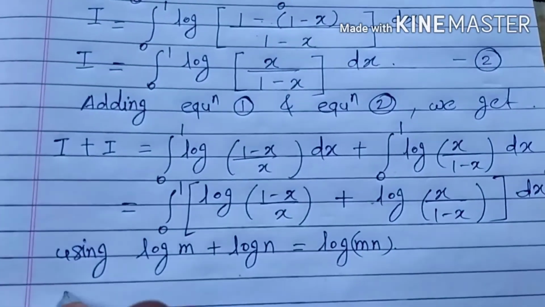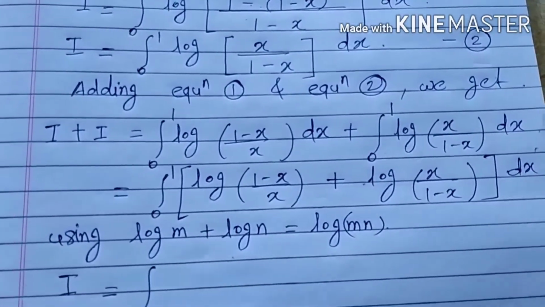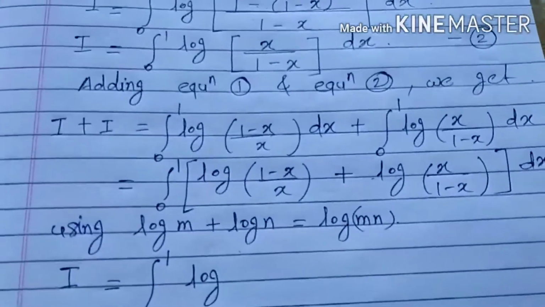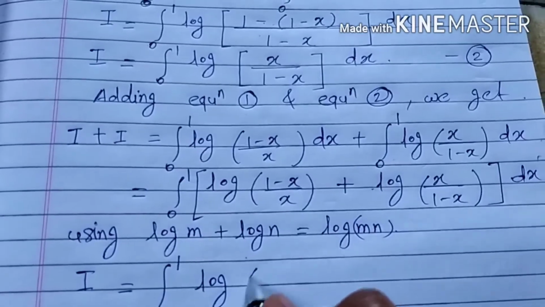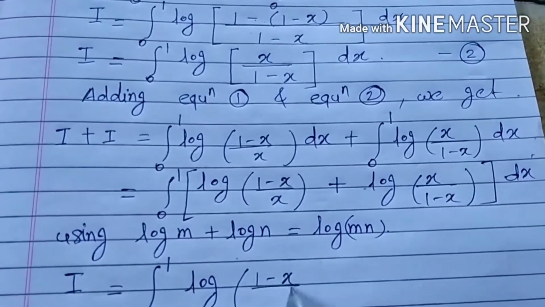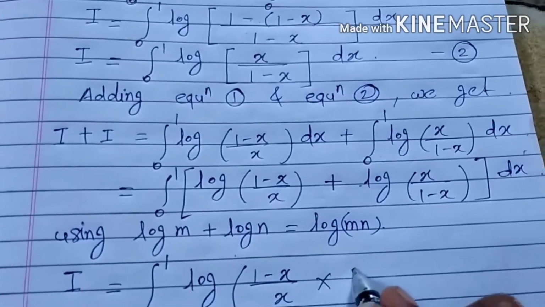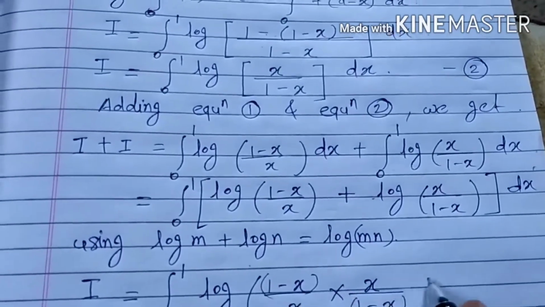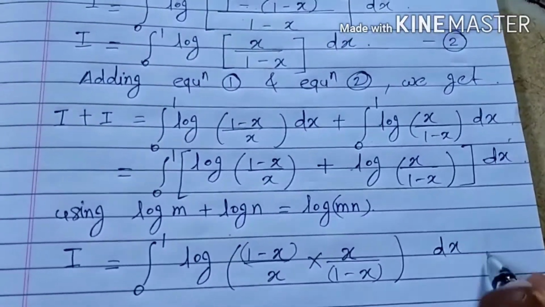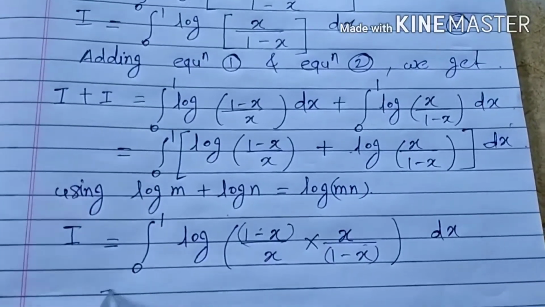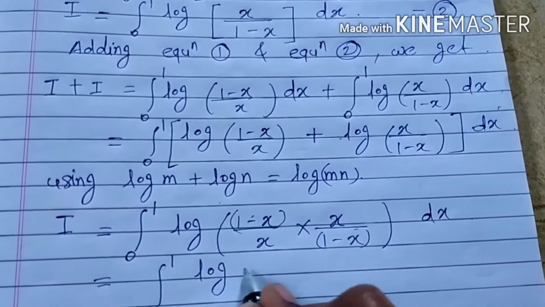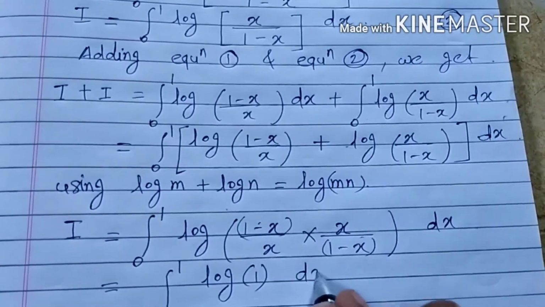So using this, I is equal to the integral from 0 to 1 of log of (1 minus x) upon x into x upon (1 minus x), and this is dx. Now all these terms will get cancelled, so we get the integral from 0 to 1 of log 1 dx.